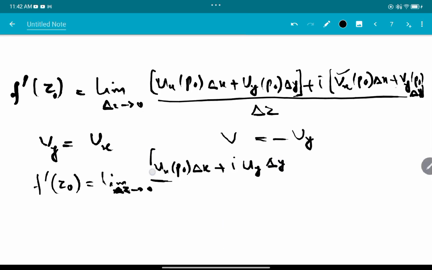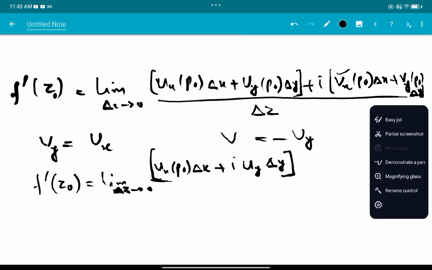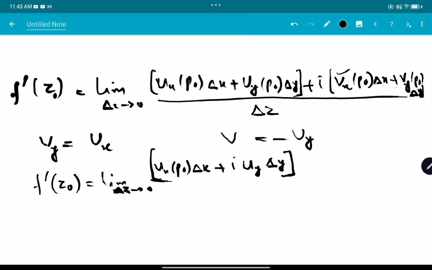Then I have next, plus uy at z0 delta y. That I will write as uy at z0.